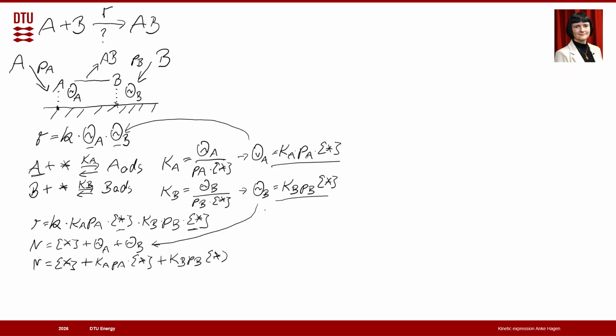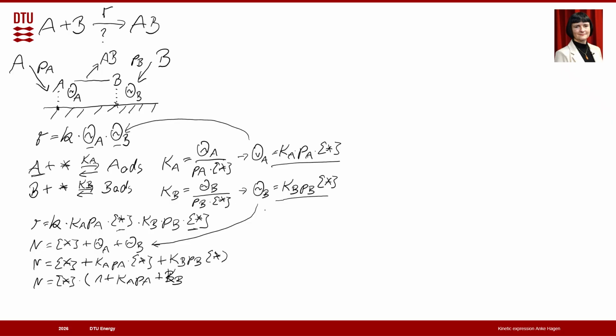And then we simplify this equation and obtain the total number of surface sites, which is the concentration of free sites. We factor out the free sites and then obtain this expression.